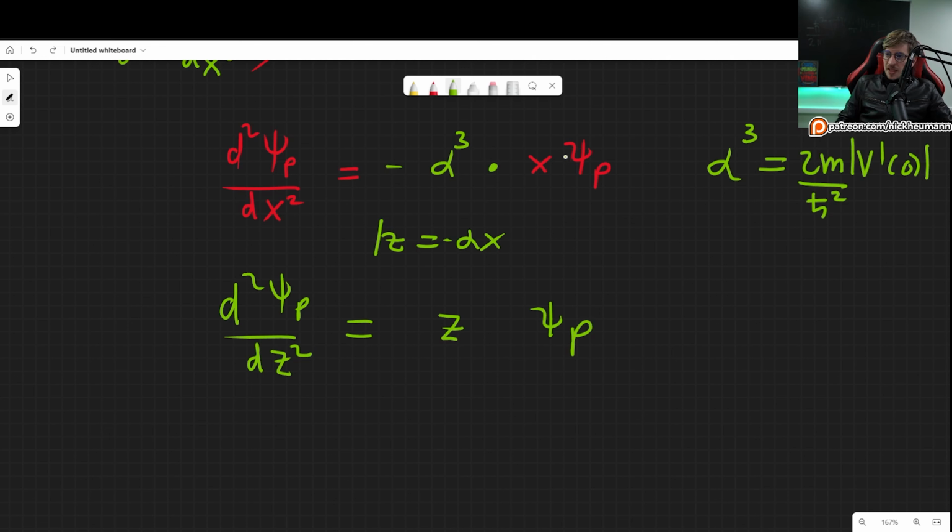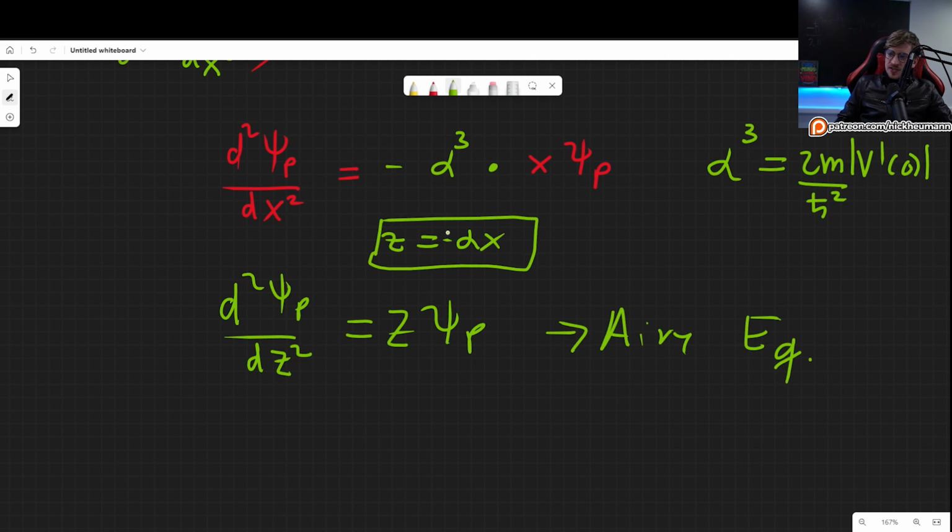This minus became absorbed, and this here is squared, so the minus that comes from the dx ends up canceling out. So now I'm just going to write this closer together. We found, once again, our Airy equation. And the main difference with the previous case is that now our z has a minus sign inside, and that will affect the situation very, very shortly.